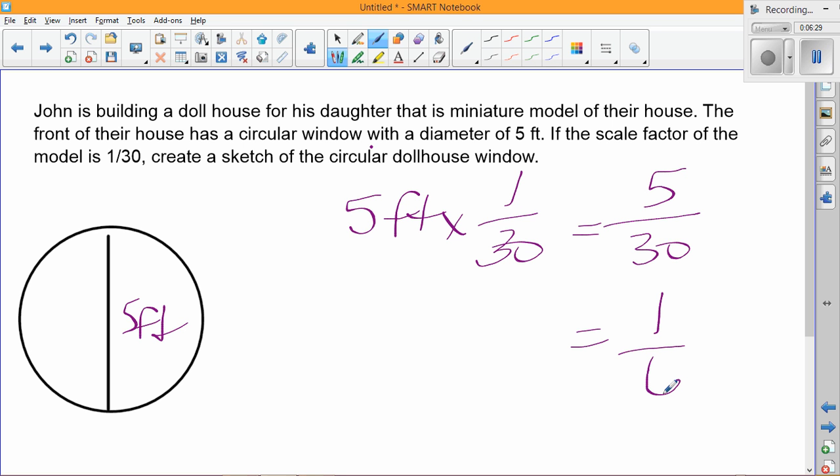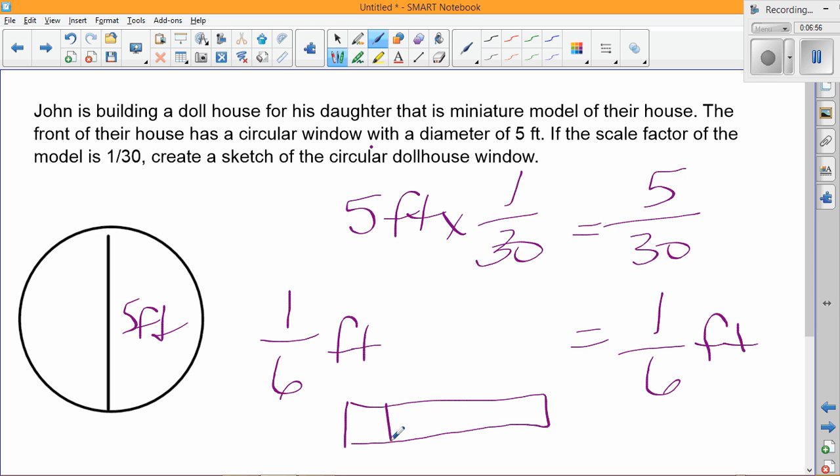So now this is in feet, 1/6 of a foot. And I know 1/6 of a foot is kind of a weird way to measure it. Like I always say, if we're going to go into Home Depot, we're not going to say I need a 1/6 of a foot. We probably would like to convert that to inches. I know that there are 12 inches in a foot.